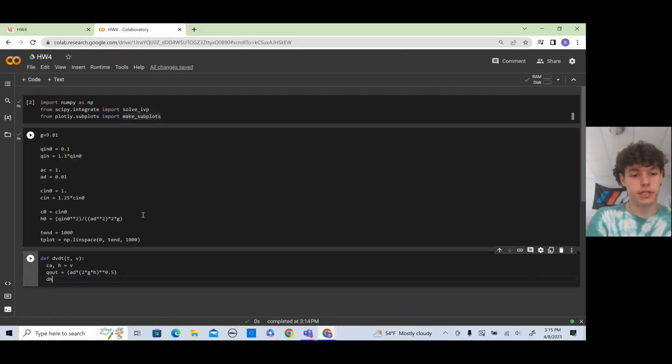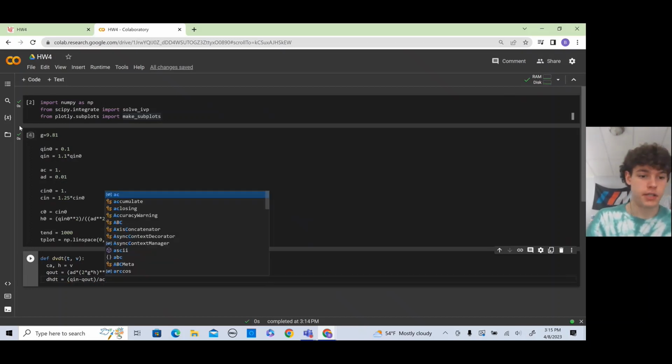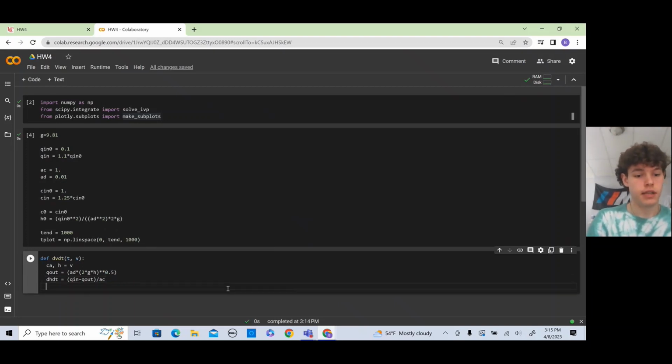So our dH dt will be equal to our Q in minus our Q out divided by the cross-sectional area. So that gives us our dH dt. And now we can get our change in concentration from the equation we derived in the first part.